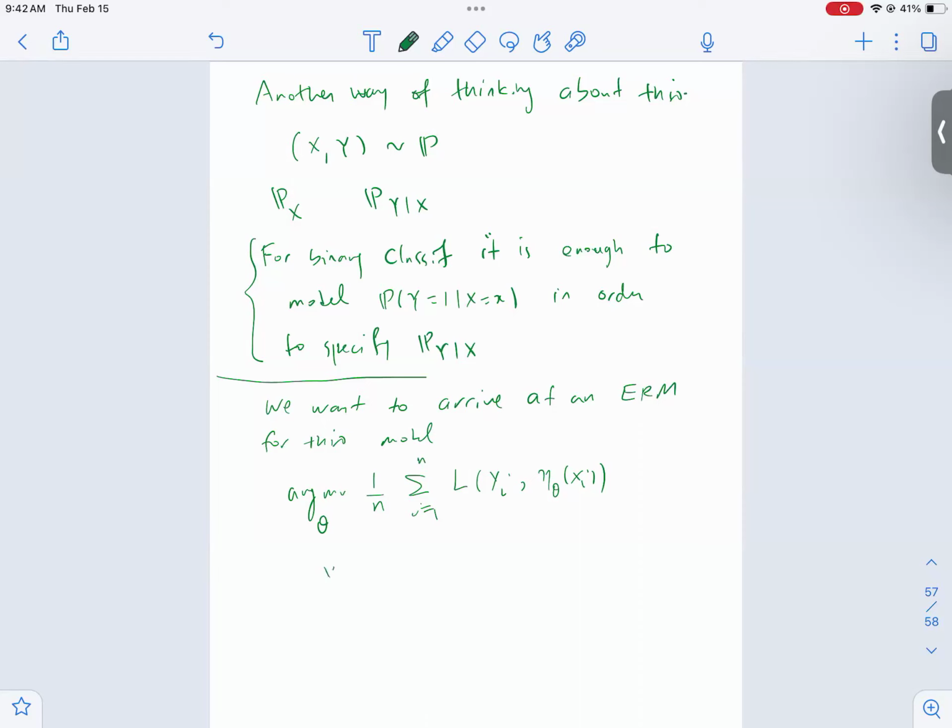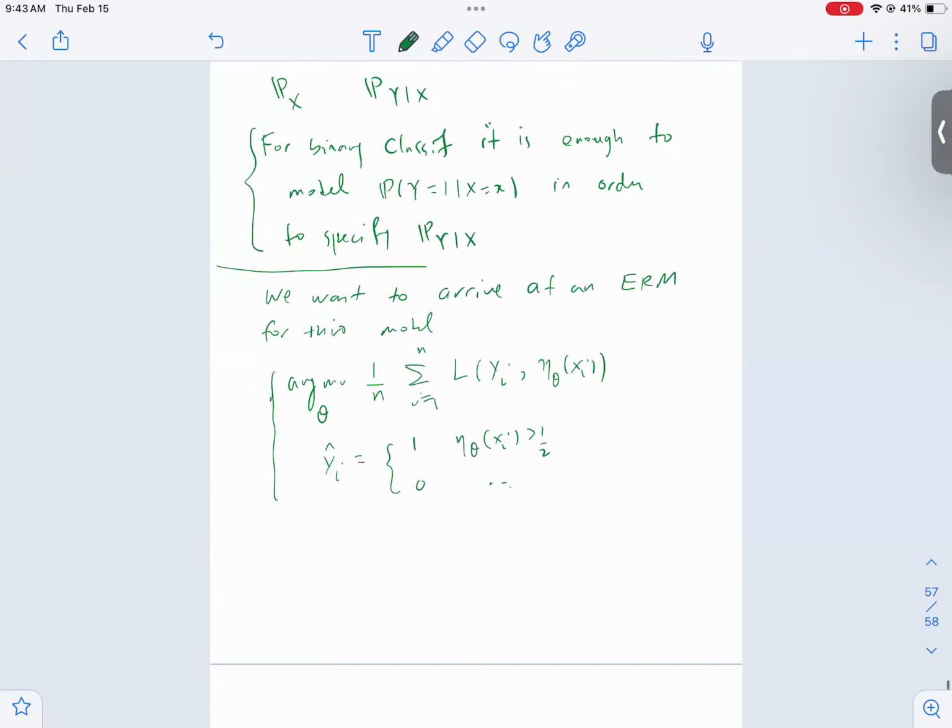For example, y hat i, which is, let's say, 1 if this is bigger than 1/2, and then compare it with yi. But we'll see these things are, in a sense, equivalent. But I want something like that.